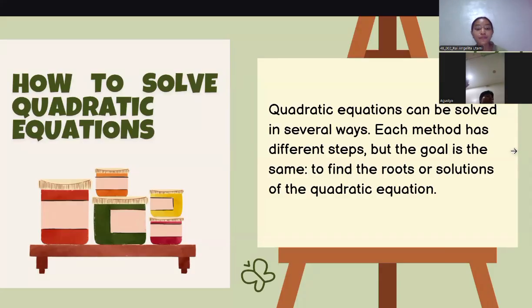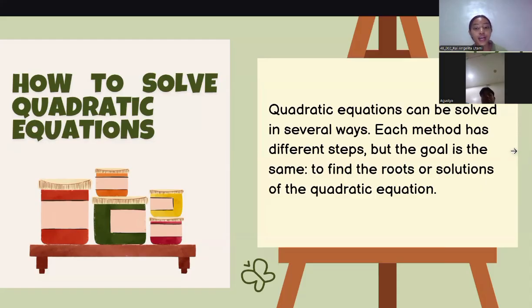Our next topic is how to solve quadratic equations. As you can read on the slide, quadratic equations can be solved using several methods. This means there is more than one method we can use. Each method has different steps.